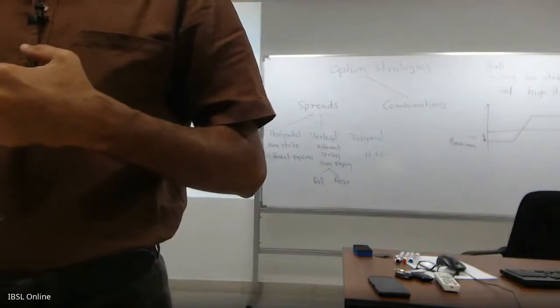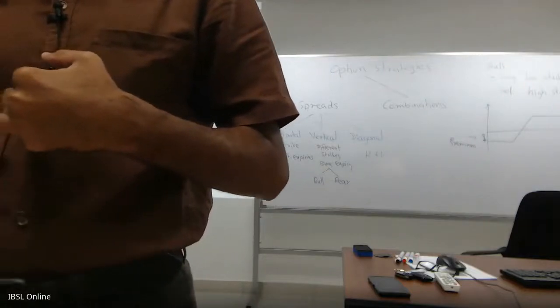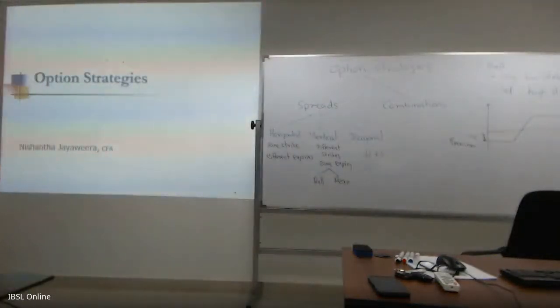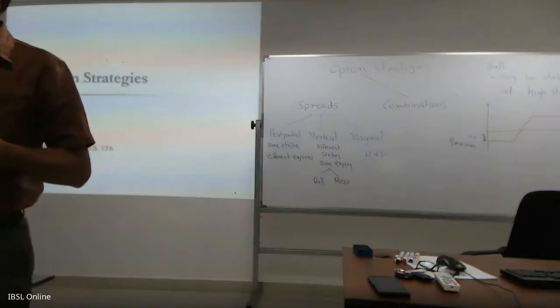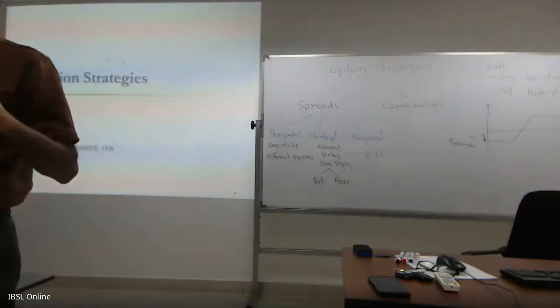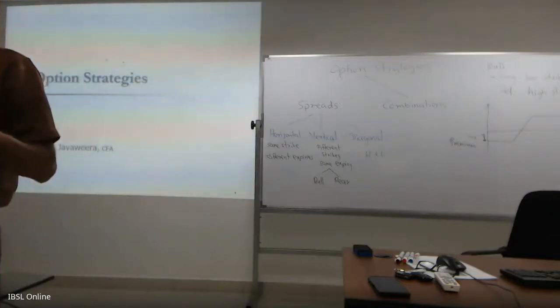Lower strike, expensive. Why? What do you get in a put option if you are a buyer? Right to sell. When that price is very low, would it be very costly or cheap? It would be cheap. So therefore, when the strike is low, the premium of a put option is low. When the strike is high, the premium of a put option is high.